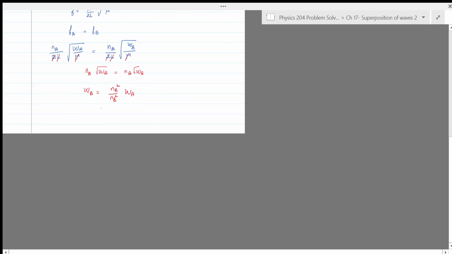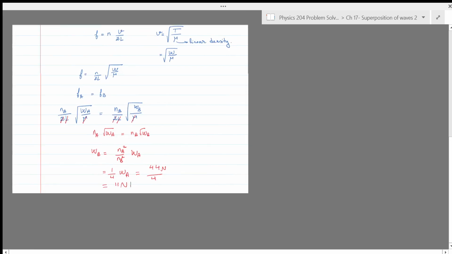So this will give us 1 over 4 WA, which is basically 44 newtons over 4, and this will give us a value of 11 newtons for the weight that is hanging from the string in the second figure.